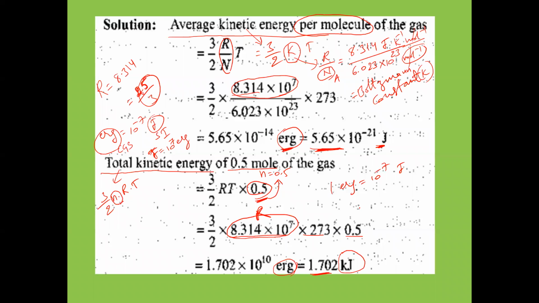And we also know that 10 power 3 joules equals 1 kilojoule. 10 power 3 means kilo, 1000. Then x joules equals how many kilojoules? x into 1 by 10 power 3, x by 10 power 3 will be in kilojoules. Like that you can convert into kilojoules.